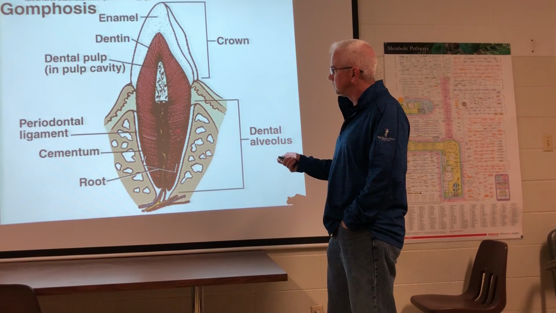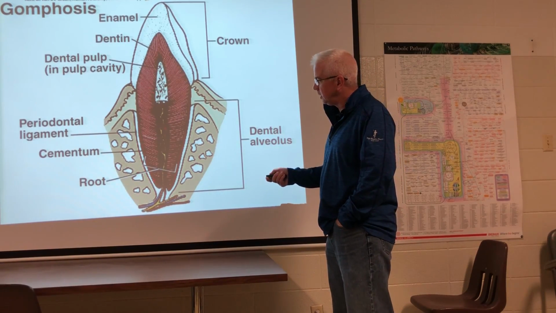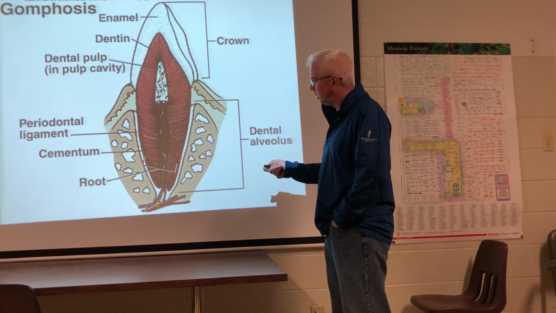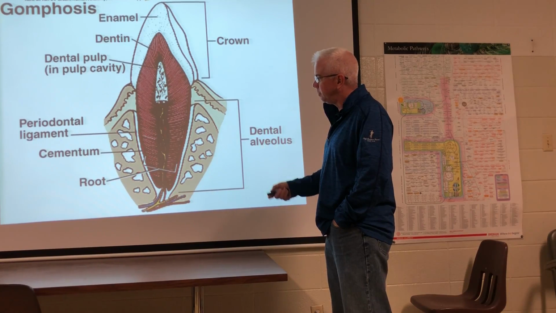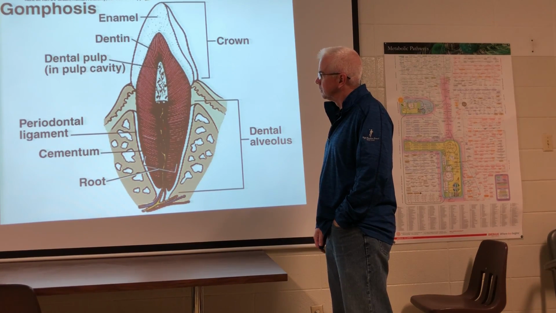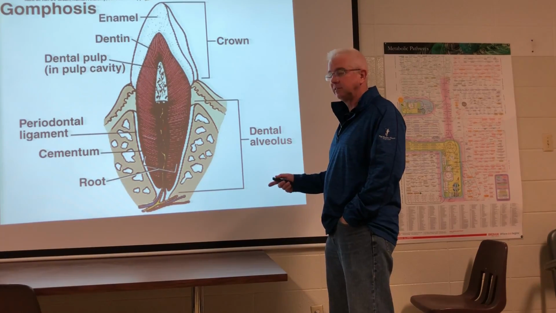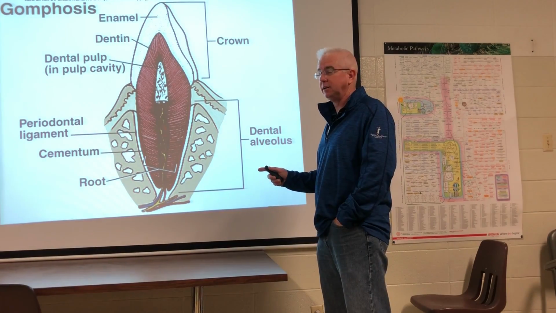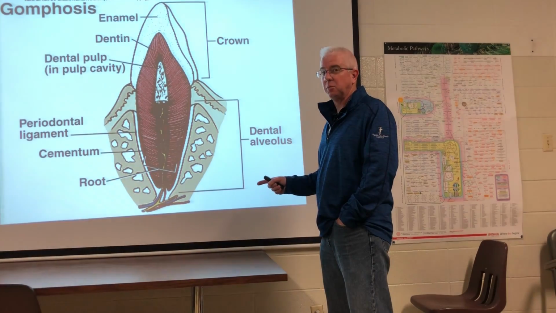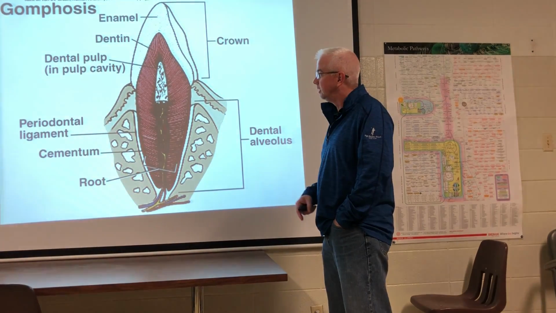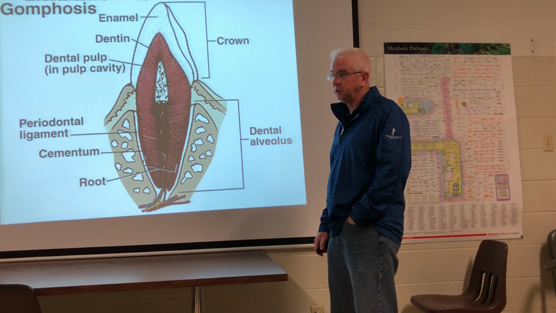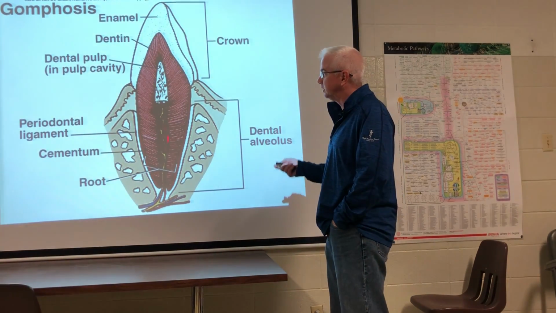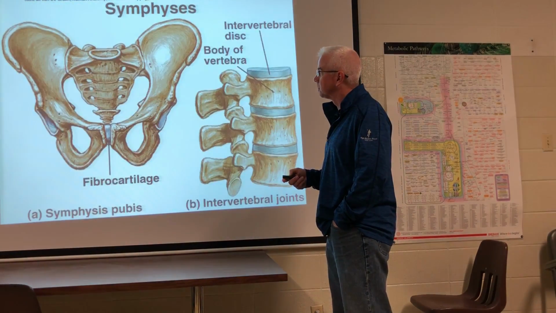Here's a gomphosis, the articulation of the tooth and the mandible and or the maxilla. Now, as the semester wears on, in your last test section, I'm going to show you this picture again, and then we're going to detail the parts of this so that you know all the little nuances of a tooth hanging on inside a jawbone.